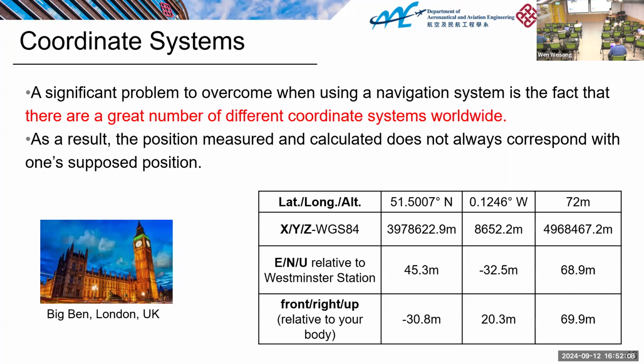But for this one, east, north, up, this is not globally applicable because it's a local coordinate. Also, you can say, for example, there's a signal pole here, several meters in the front, up, right. This is a local coordinate, so it is not good enough for the global case. Okay, so those are the coordinates.